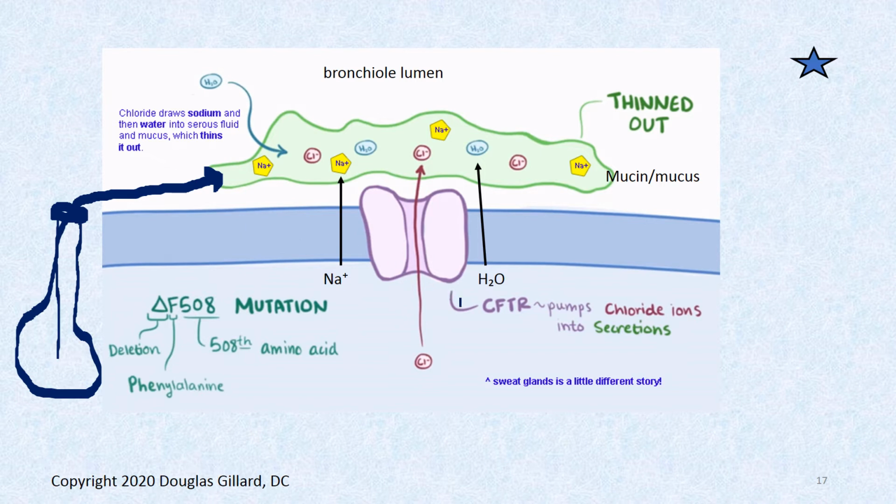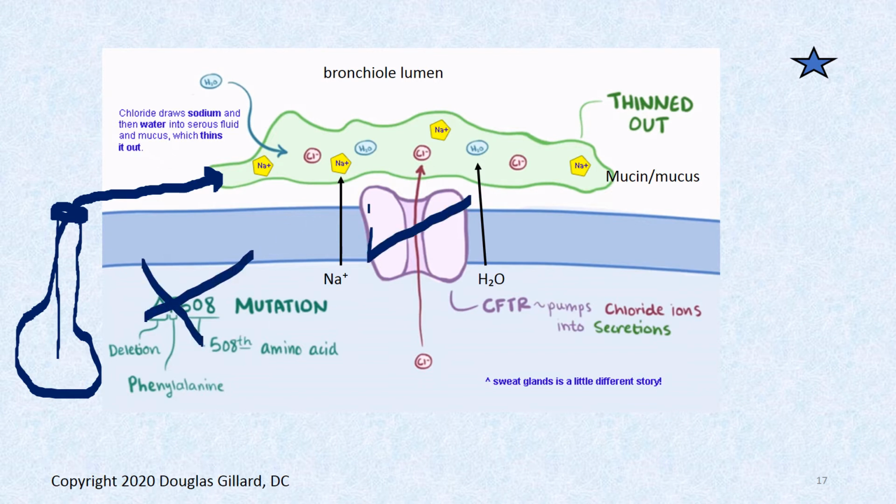That's fine because the CFTR channel's job is to pump chloride ion into the bronchial lumen. And then sodium follows chloride like a puppy dog, and we know water follows sodium like a puppy dog, and there's what we need to hydrate it. So therefore it's thinned out. So that's what normally happens.